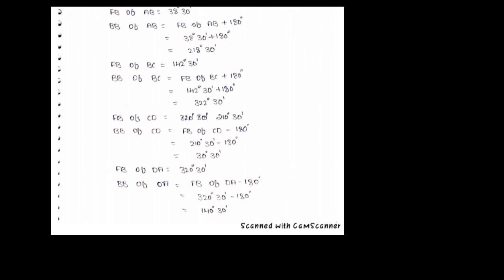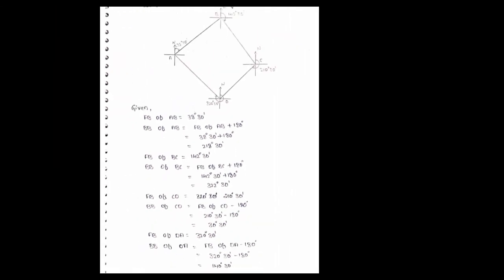After calculating all the back bearing values, we have to recheck the angles with respect to the diagram. For the first one, the fore bearing of AB is 38 degrees 30 minutes, and this line lies in the first quadrant, whereas the back bearing is 218 degrees 30 minutes, which lies in the third quadrant.